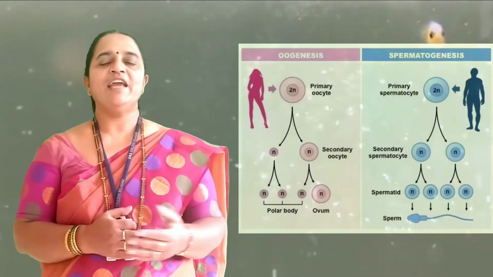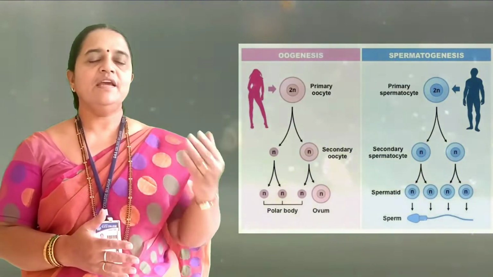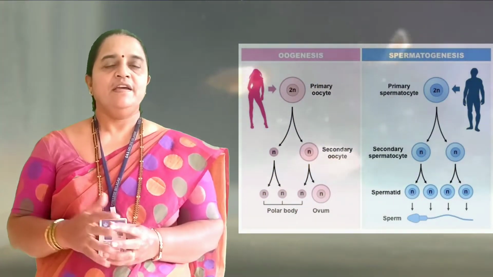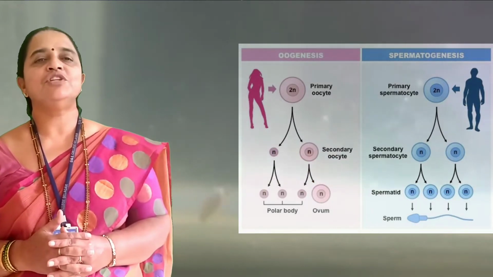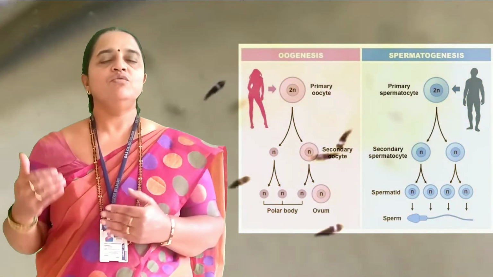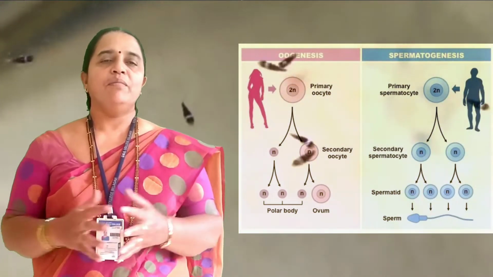Now in the physiology of reproduction, there are certain events. The first event is gametogenesis. It is the production of haploid gametes from diploid gamete mother cells. In case of male, it is spermatogenesis. In case of female, it is oogenesis. So spermatogenesis occurs in the testis, and oogenesis occurs in the ovary. This is followed by the transfer of sperms into the female genital passage.